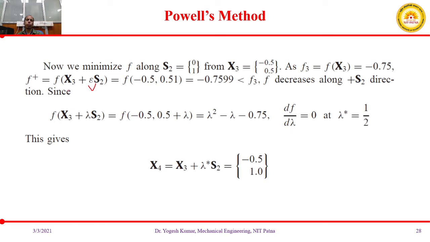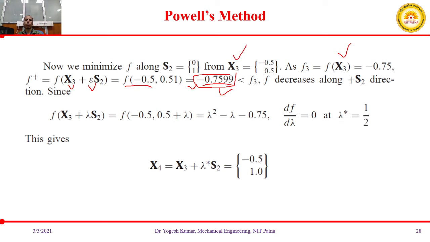Suppose we give a certain increment in positive direction at the x3 point, we get the new values minus 0.5 comma 0.51, and this is again less than the value of the function which we have got at x3. So we can say there is a further possibility to get the minimum value in the positive S2 direction from x3.